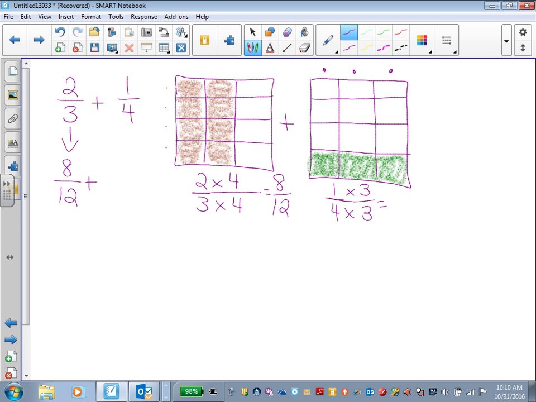So 3 times 1 is 3, and 4 times 3 is 12. And so our 1/4 is equivalent to 3/12. Since our denominators are the same now, we can just add our numerators. 8 plus 3 is 11, and our denominator stays the same.